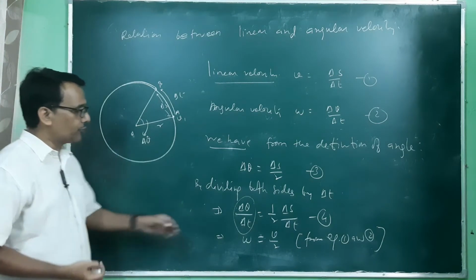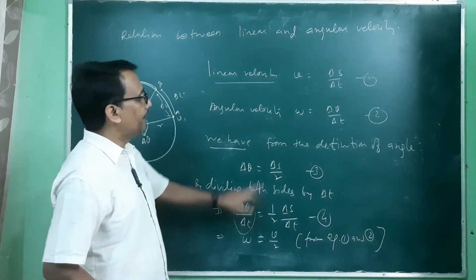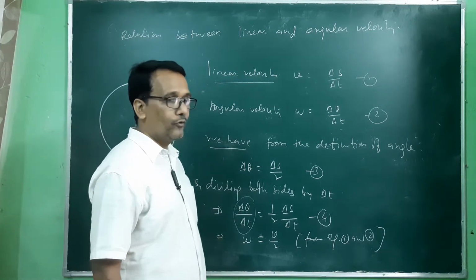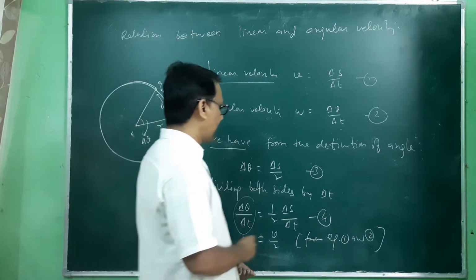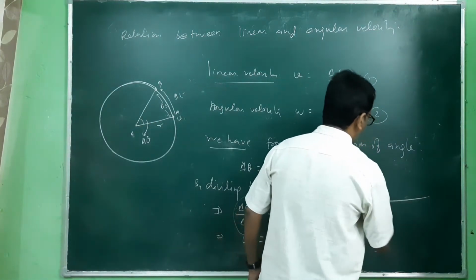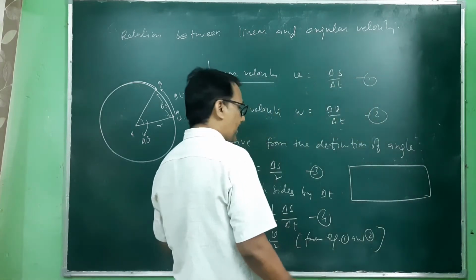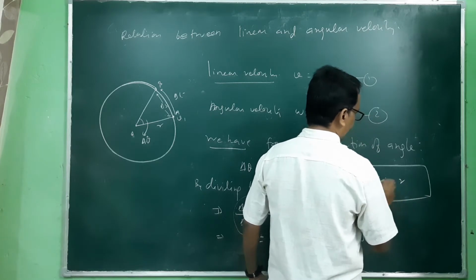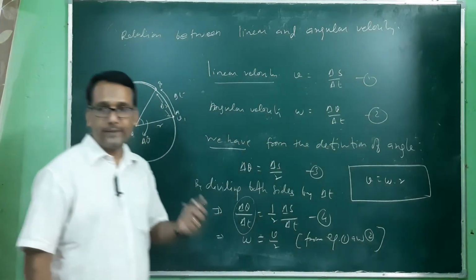So we can directly put delta theta by delta t equal to omega, and delta s by delta t equal to v. So omega is equal to v by r, and v is equal to omega r. This is the relation between them.